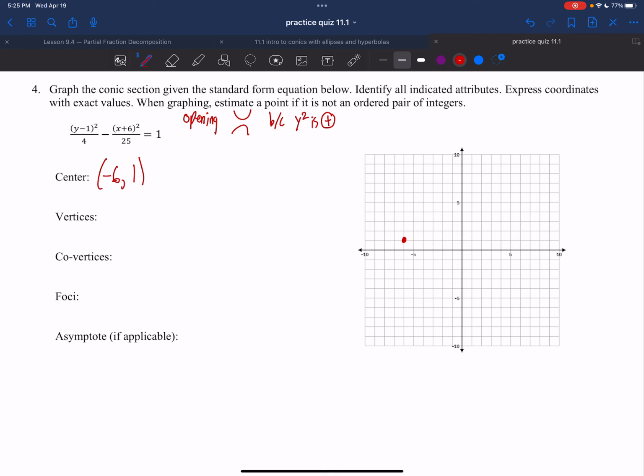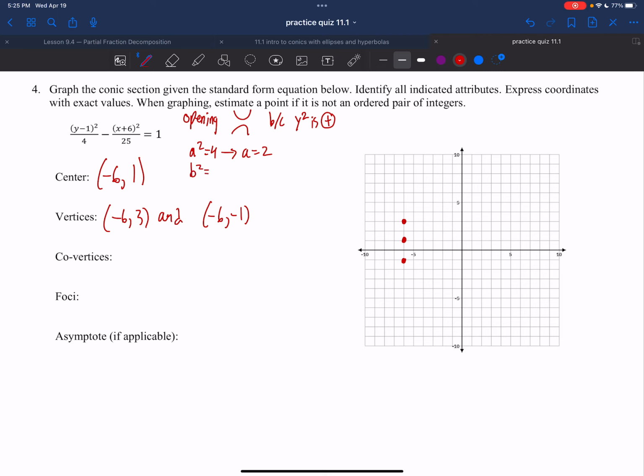So a squared equals 4 means a equals 2. So it's going to be 2 up, 2 down. So up 1, 2, down 1, 2. This is negative 6, 3, and negative 6, negative 1.